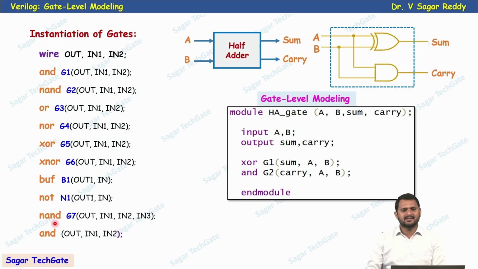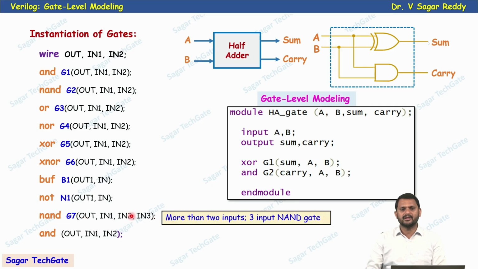Now see, in this case, NAND G7 out, in1, in2, in3. How many inputs here? More than two inputs. So this is a three input NAND gate. In all these instances, the first signal is the output, and the remaining are the inputs.